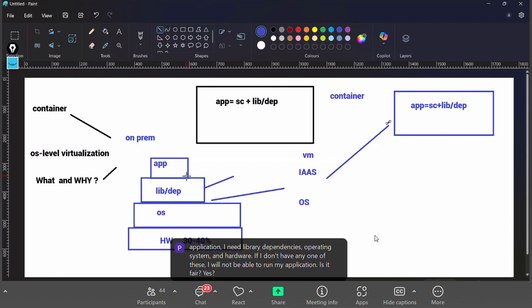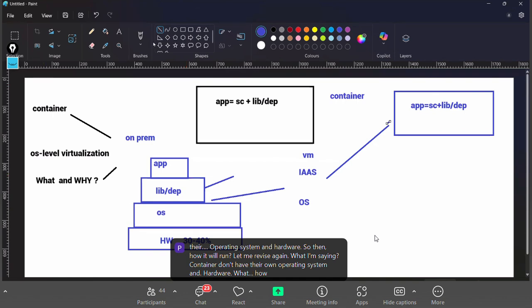Yes. So libraries and dependencies we have packaged together. What about the operating system and hardware? A container doesn't have its own operating system and hardware. So then how will it run? Let me revise again: a container doesn't have its own operating system and hardware.